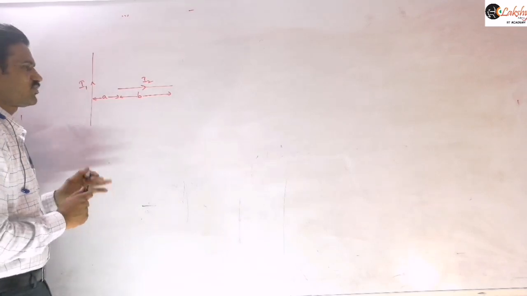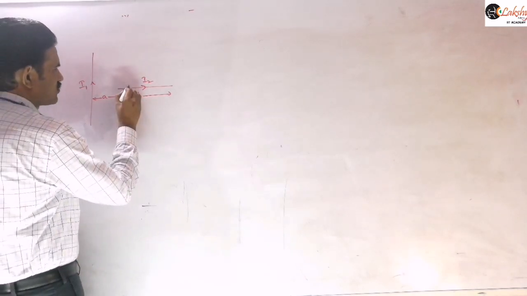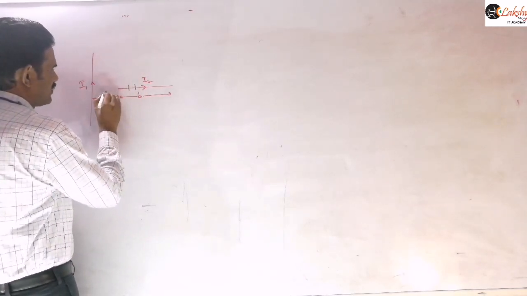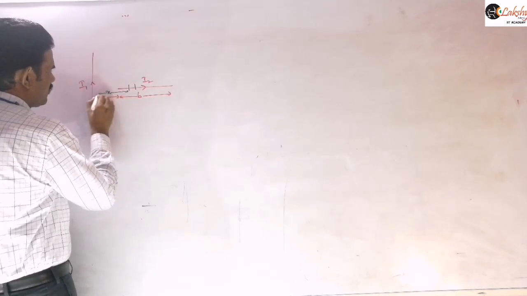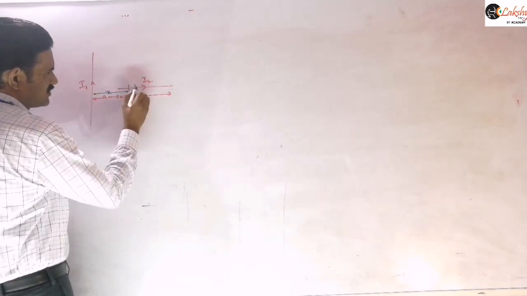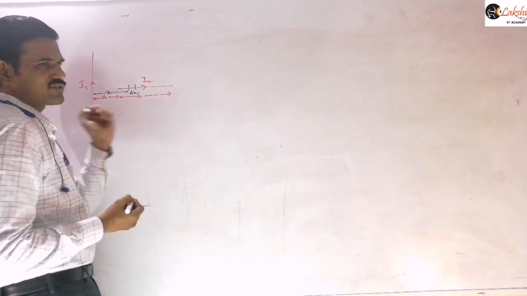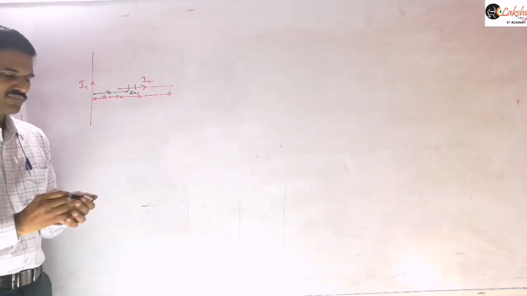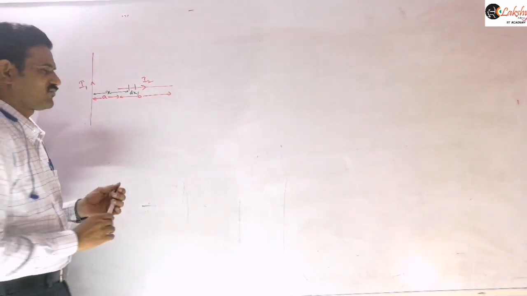So I am taking a small element at a distance of x from this wire, and its width is dx. Now let us write the force acting on that small element, and let us identify the direction of that force also.